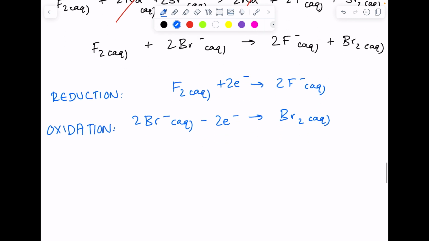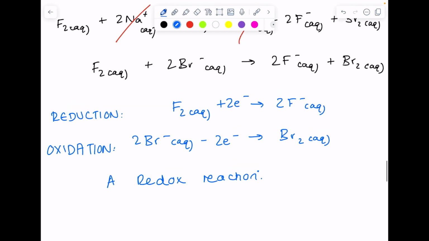So you can see how these are therefore redox reactions, because both reduction and oxidation have taken place. So just to really point this out then, because that fluorine has been reduced, remember what I said at the start, by definition an oxidizing agent must be reduced. So here's our oxidizing agent in this case.